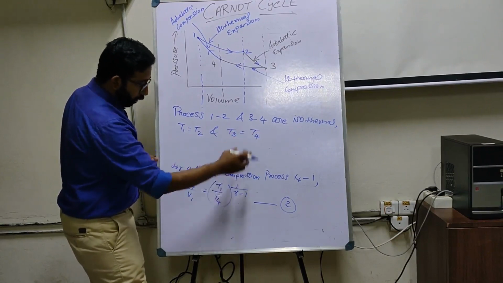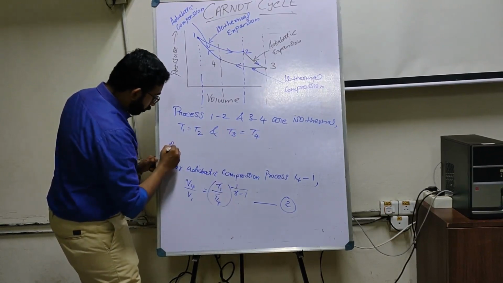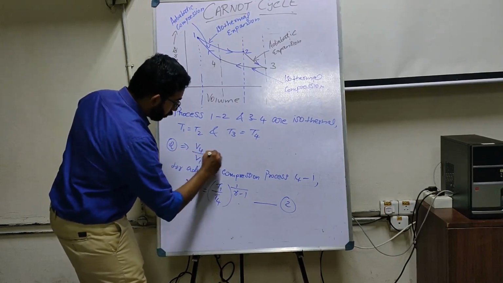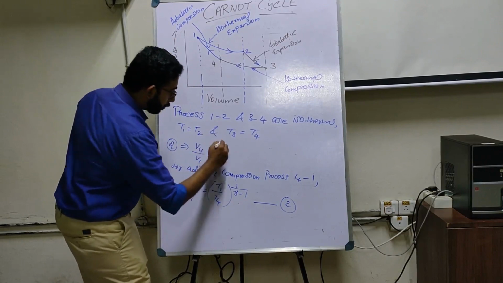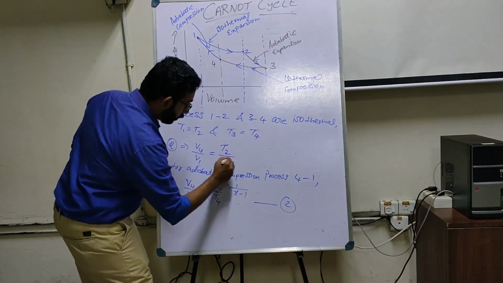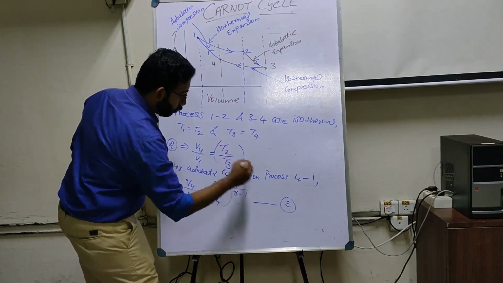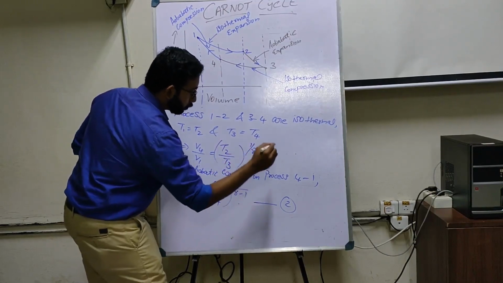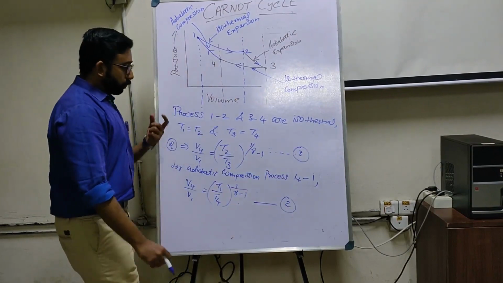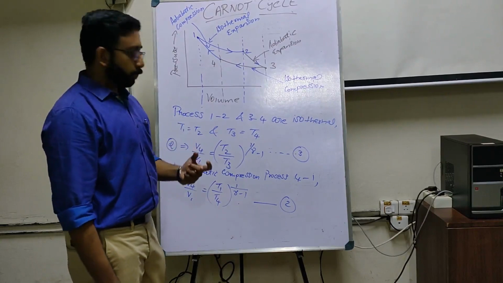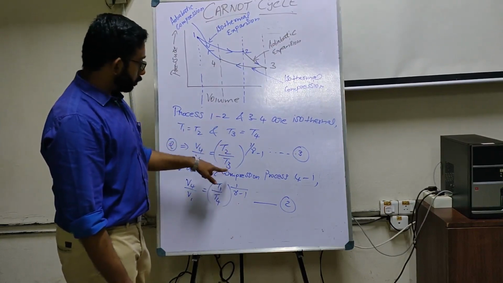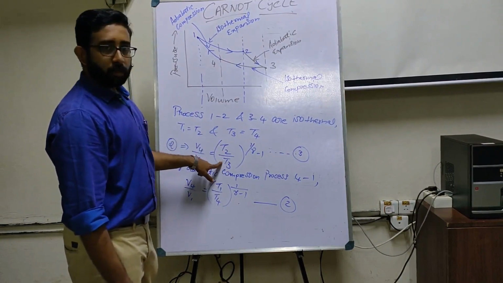So I am substituting these values in equation 2. I will get V4 by V1 is equal to, instead of T1 I will substitute T2, and instead of T4 I will substitute T3, all raised to 1 by gamma minus 1, and I am taking this as equation 3. Now when you compare equation 1 with equation 3, the right hand side is the same. That is, in both equations it is T2 by T3.